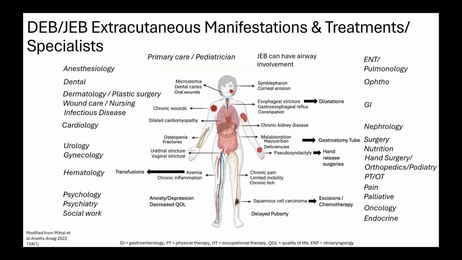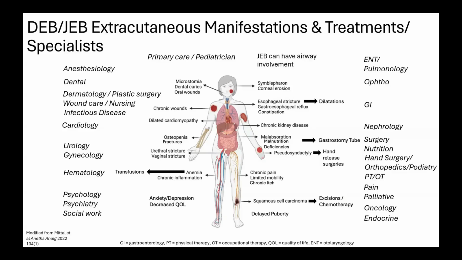So this is a very busy slide discussing the extracutaneous manifestations of dystrophic and junctional EB. The main takeaway from this slide is that EB affects almost every organ system and does require a giant team of multidisciplinary specialists to care for the patient, including the primary care doctor, the eye doctor for corneal abrasions, the dentist.